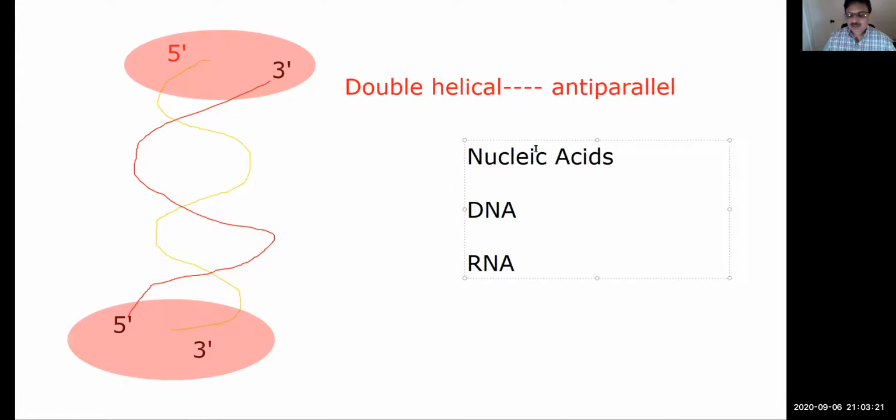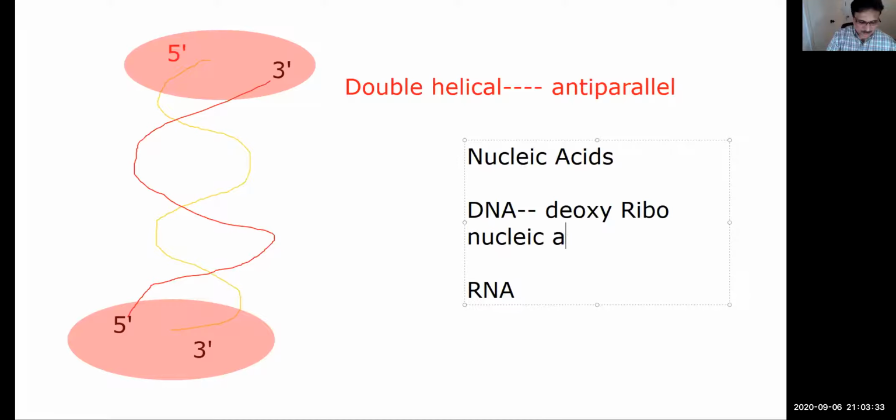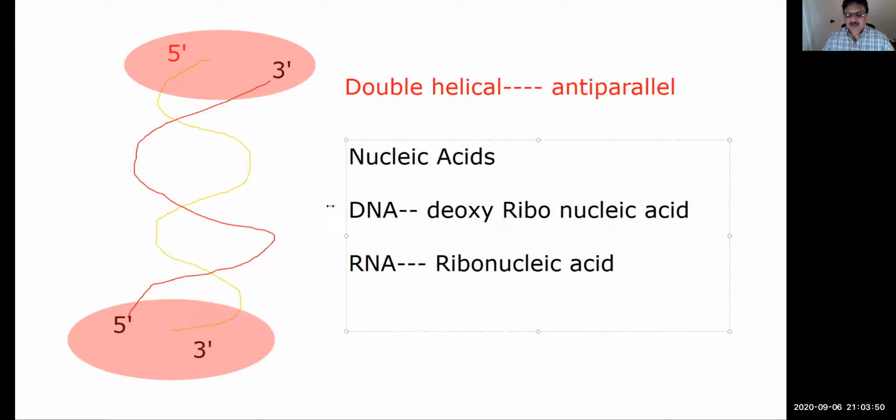DNA is deoxyribonucleic acid, and RNA is ribonucleic acid. Now, what is the major difference between DNA and RNA?